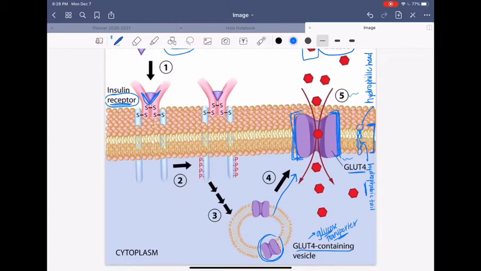So if you know anybody that's diabetic, they are frequently checking their blood sugar. Right? After they eat, they check their blood sugar. They'll wait for a little bit after lunch or after a meal or a snack or whatever, and they'll check their blood sugar. They want to see how much sugar they had in their meal and how much it affected their blood sugar, how much sugar is in their blood.